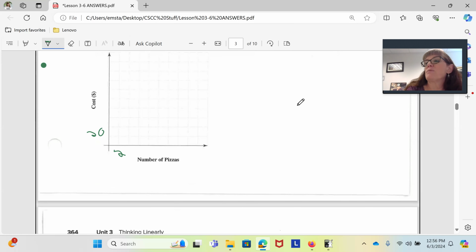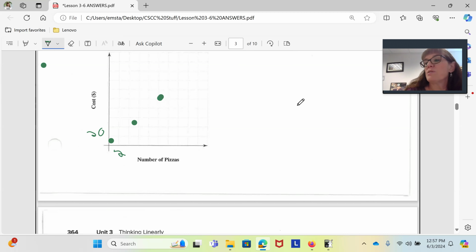From my table from number 9, I know that 0 pizzas cost $10. So it's halfway between 0 and 20. I know that 5 pizzas cost $55. So 2, 4 right in between, 20, 40, 60. So it's almost a 60. 10 pizzas cost $100. 2, 4, 6, 8, 10, 20, 40, 60, 80, 100.